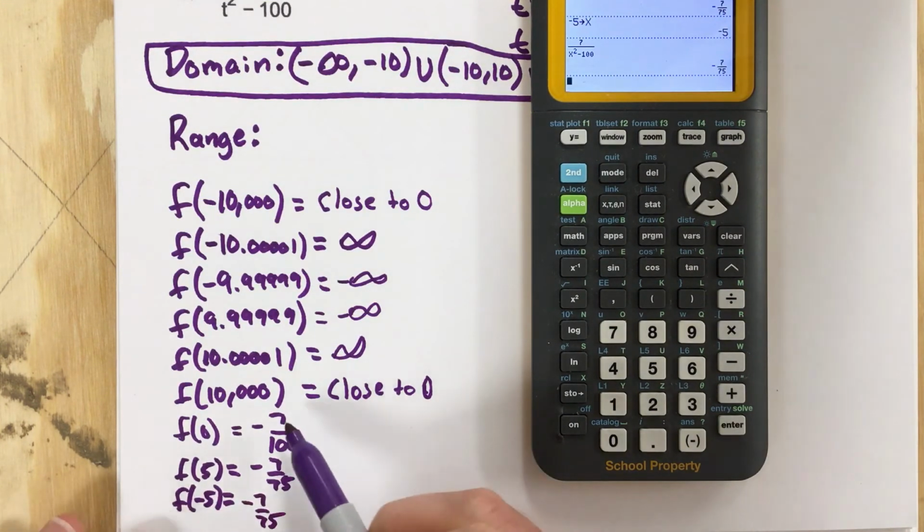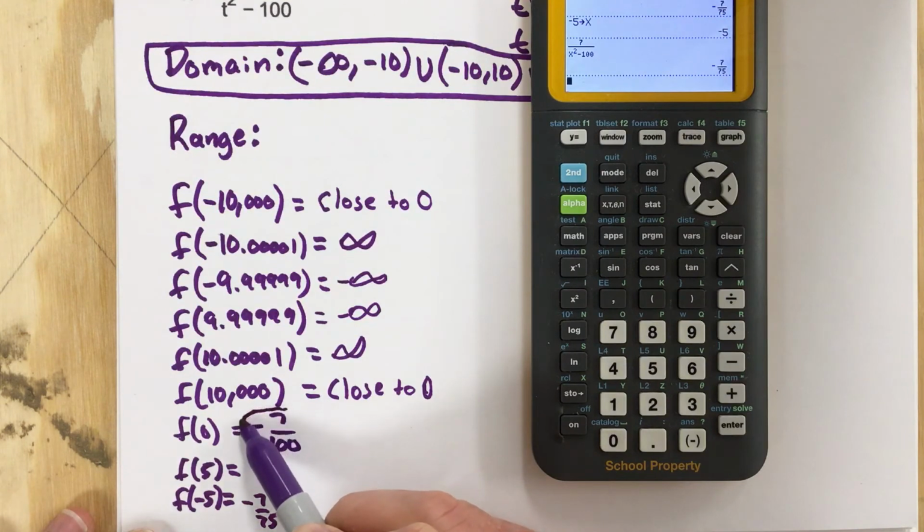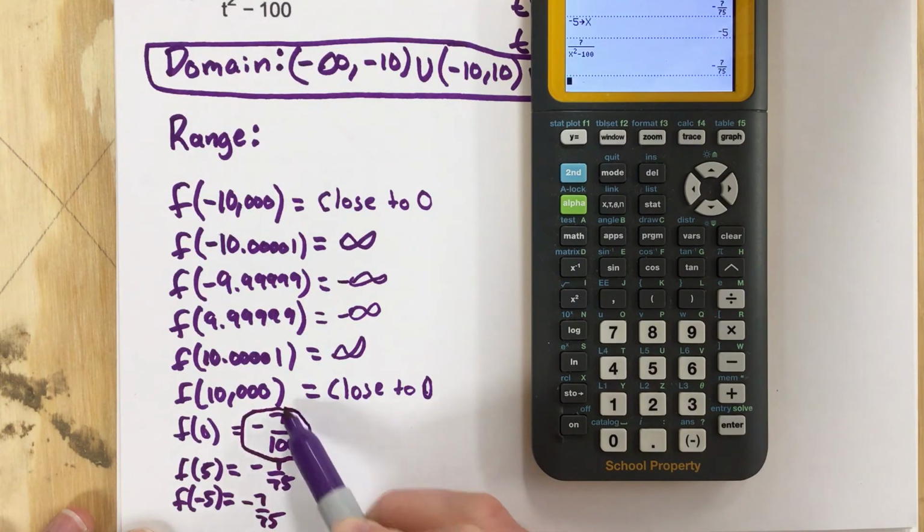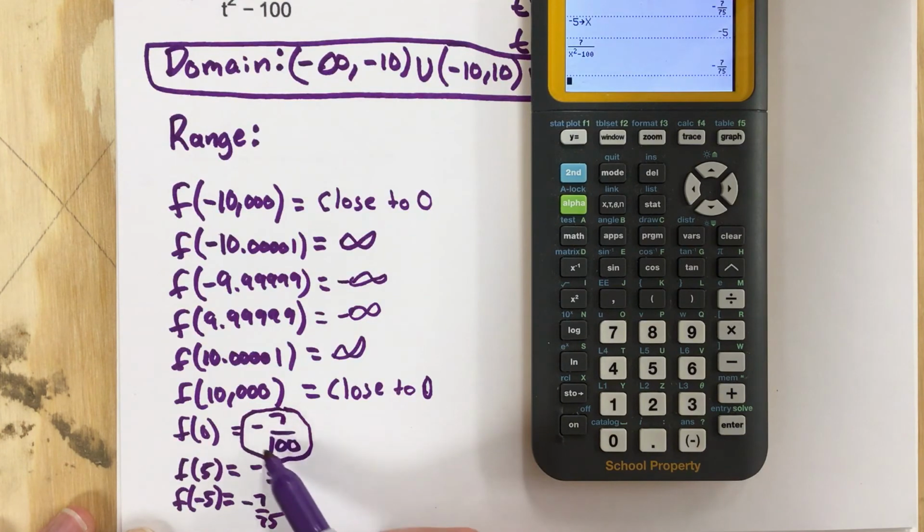So if you notice, we kind of bottomed out right here. These values here, they start to go towards negative infinity, right? And we saw that when we plugged in the negative 10,000, but we never plugged in 0. 0 actually basically bottoms us out at the smallest possible number that we can get, closest to 0 from the left side.